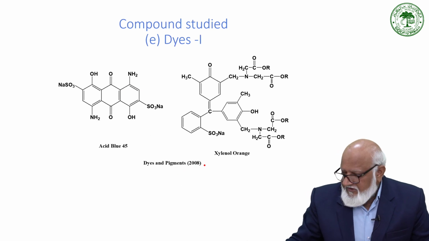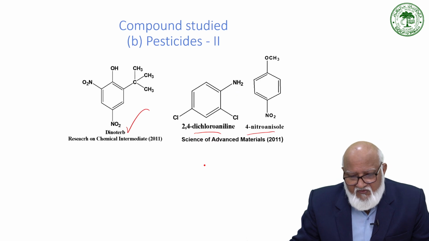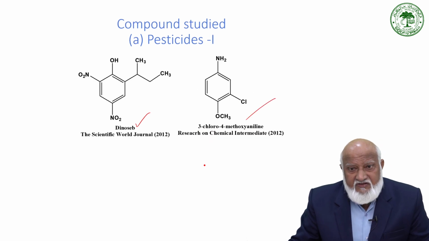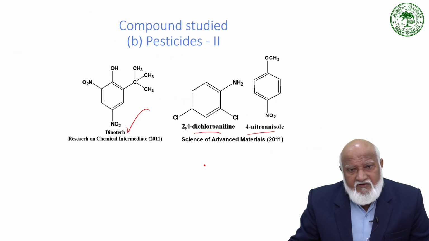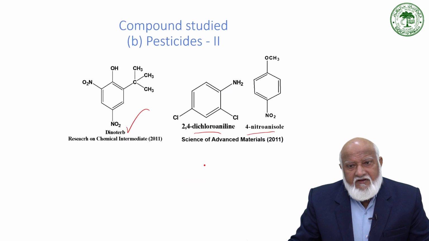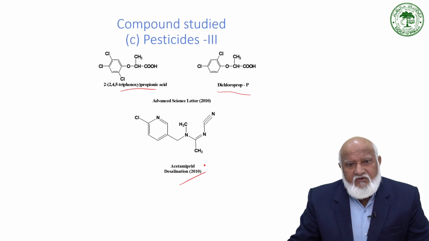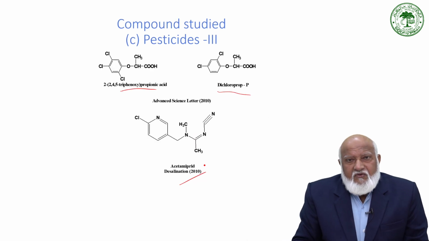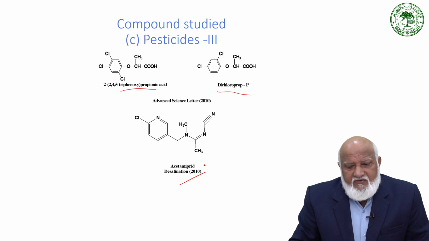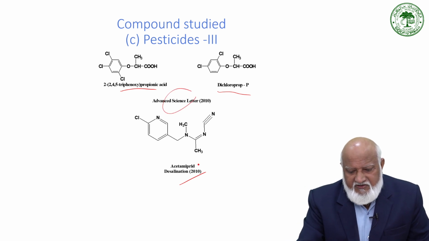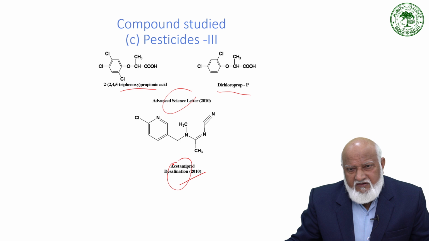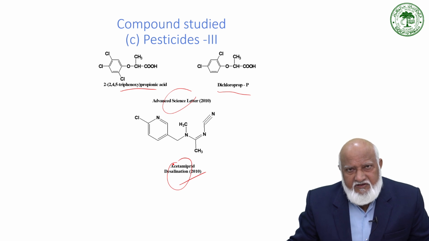So these are a few selected pesticide derivatives having different chromophores, having chloro group, hydroxy group, nitro group, even alkyl group, and so on and so forth. We have also studied the degradation of these compounds, and all these have been published and reported in standard scientific journals.